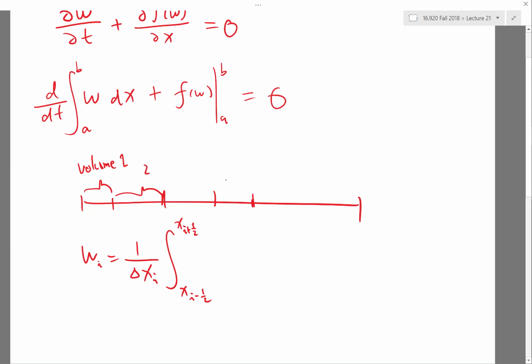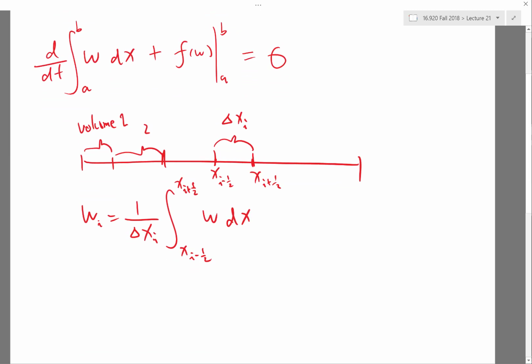So specifically, the width of the domain is delta xi, and the location is xi minus half, xi plus half. This is what we store in finite volume calculations: the averaged value of the solution over a cell or control volume. Okay, so this is all the quantity we know in terms of the computational representation.